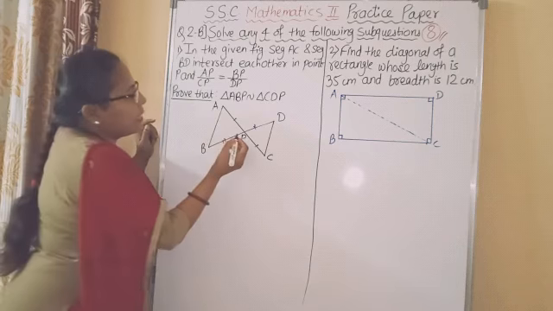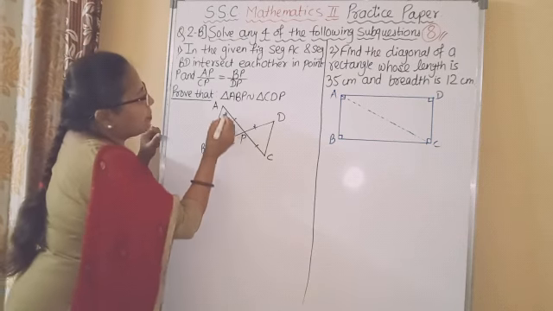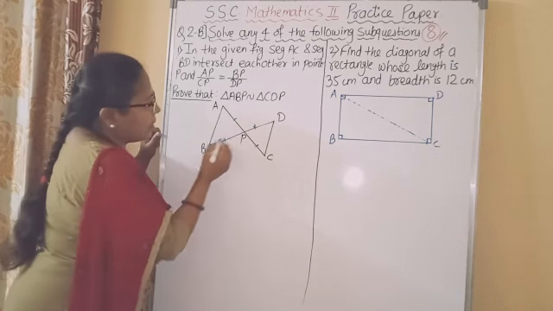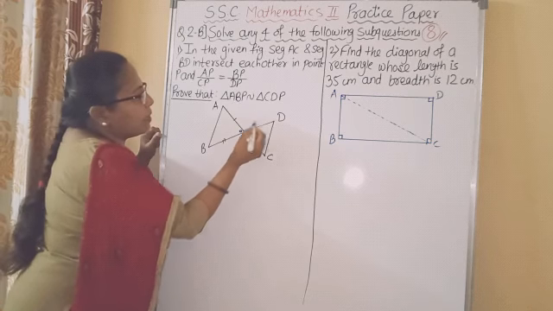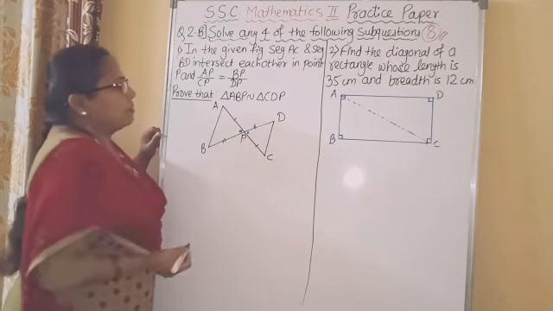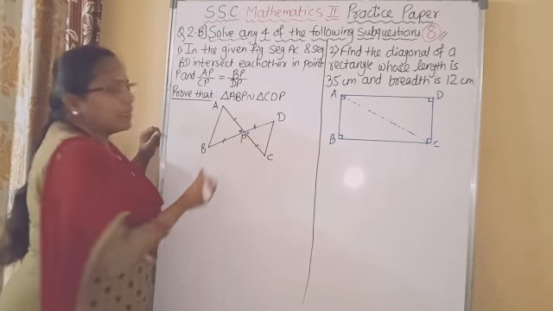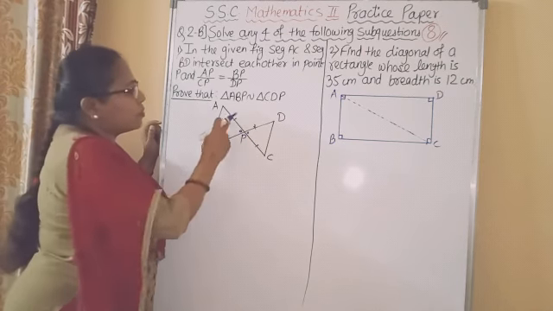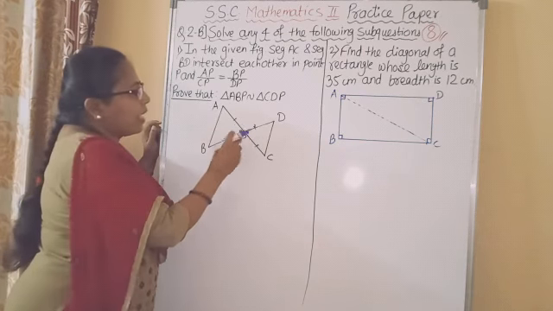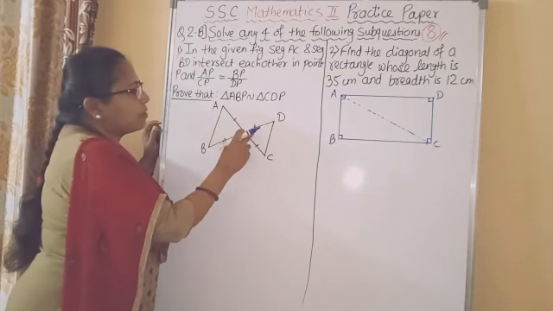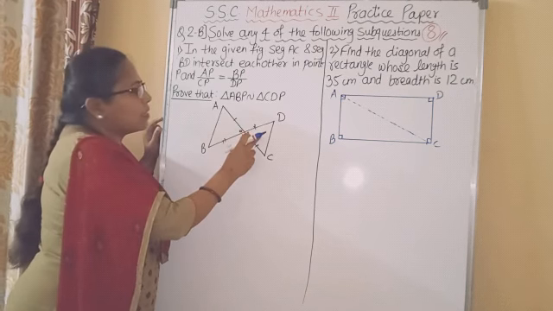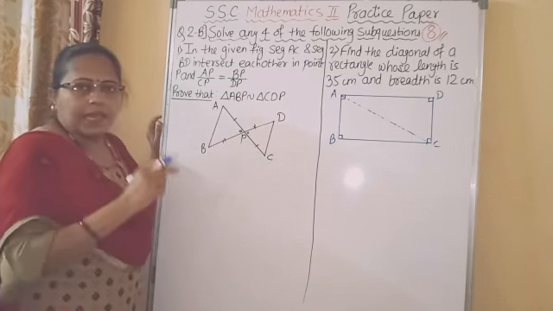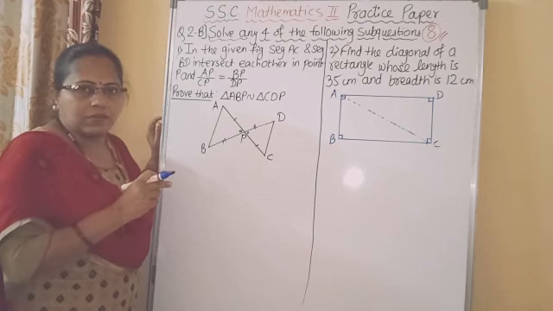And the angle included between them, angle APB, is congruent to angle CPD, vertically opposite angle. So we got 2 sides in proportion and angle included between them is congruent. So these 2 triangles we can show similar by SAS test.